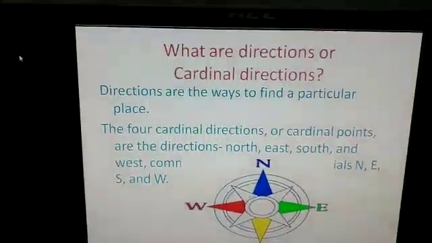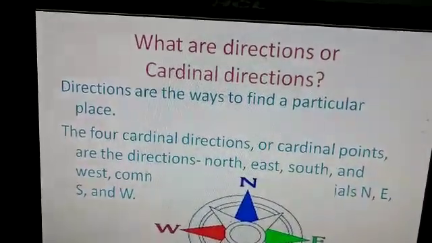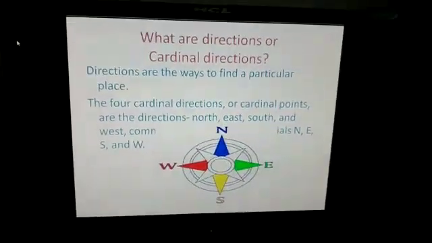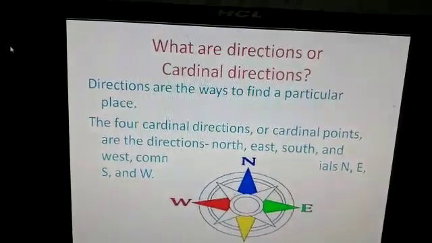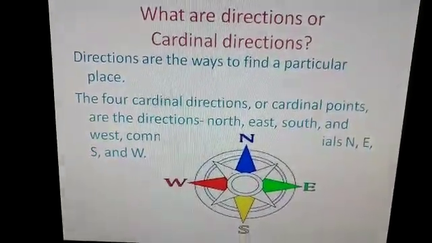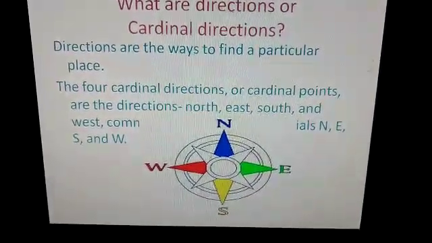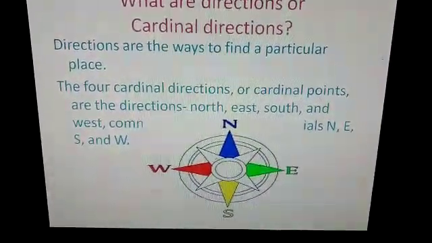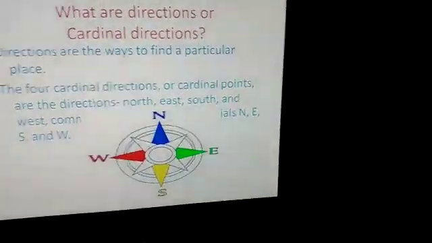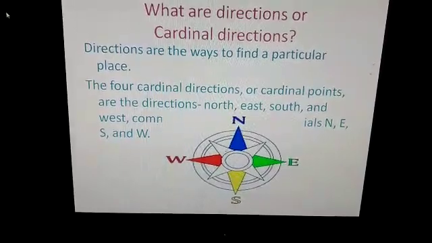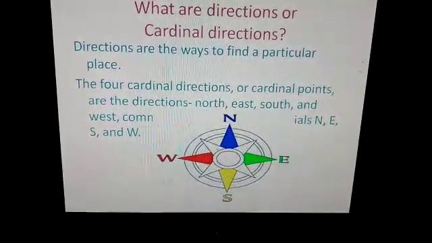What are directions or cardinal directions? Everybody knows that there are mainly four directions. One is the north, second is the south, opposite of it. Then the right hand side of the north is the east, and the left hand side of the north is the west.